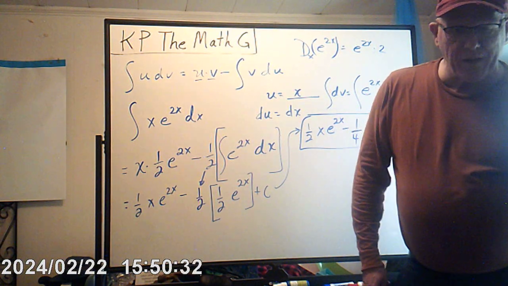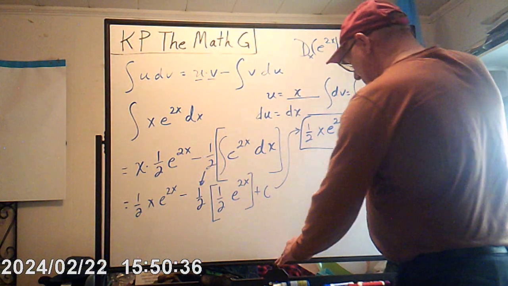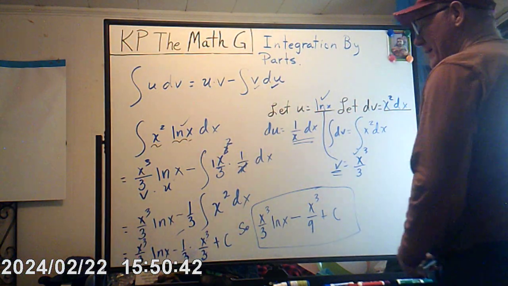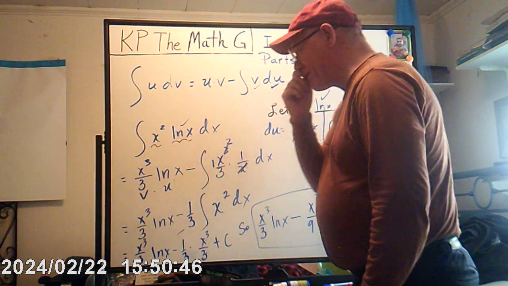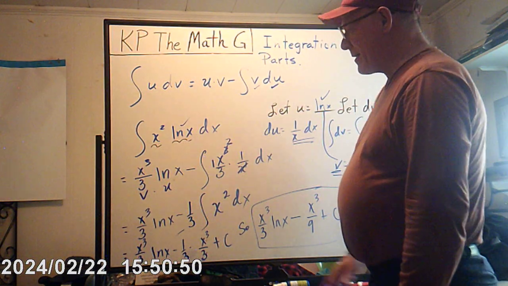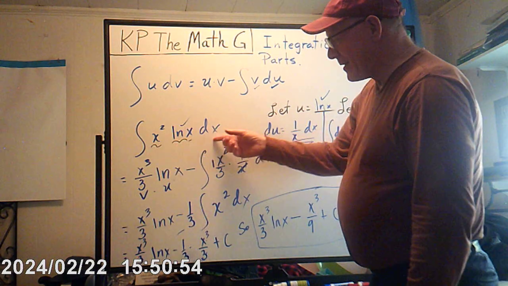All right, there is another method. Now on the first example, it would be difficult to do it, although I think it could be done. You can't let u be this, but you could let u be this instead. But you'd have to know how to integrate this, and still you've got to integrate this by parts.